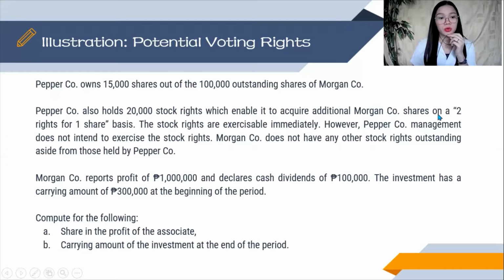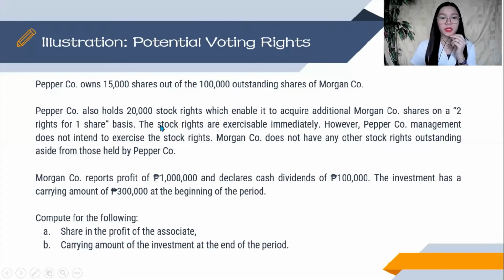Convertible daw siya into 2 rights for 1 share basis. Kung i-convert natin itong 20,000 stock rights into ordinary shares, ilan siya? So 10,000 ordinary shares. So may additional na 10,000 ordinary shares si Pepper Company. The stock rights are currently exercisable.